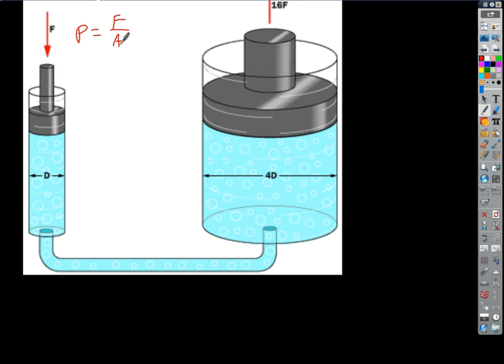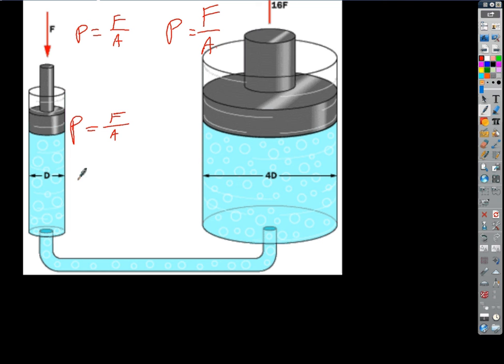One way to visualize that would be over here, constant pressure equals small force divided by small area. Over here, we've got same pressure, but it's gonna equal a big force divided by a big area, right? Because they have to be the same ratio, right? So if the area gets bigger, so does the force need to be.